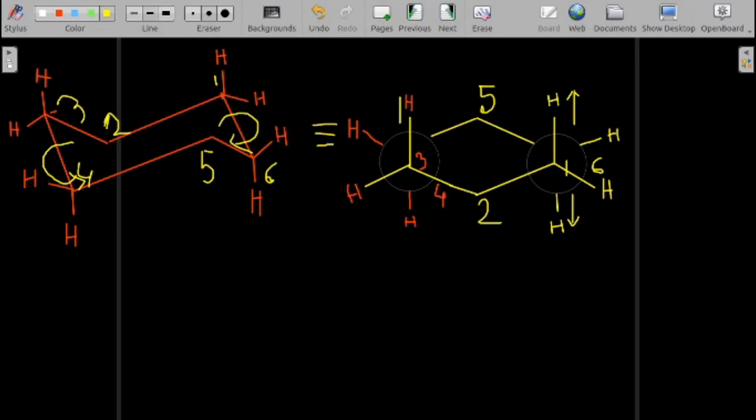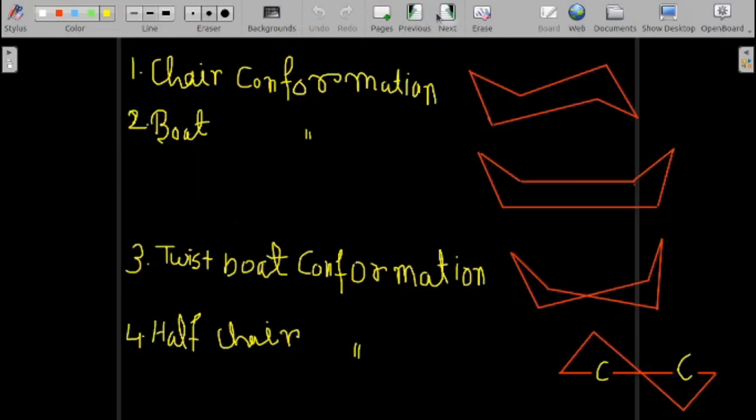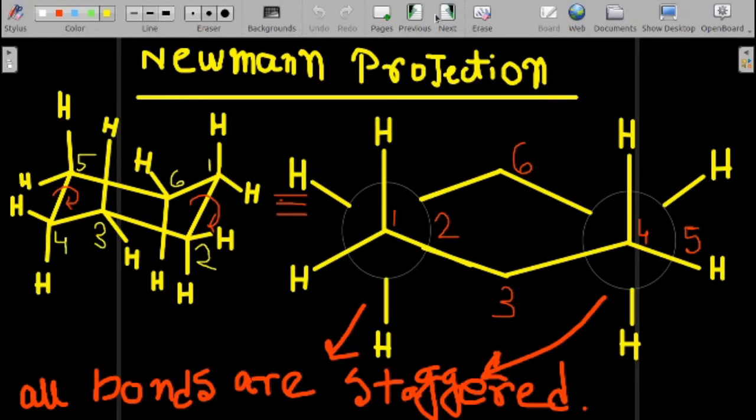So there is no torsional strain in this chair conformation. So in the case of the chair conformation, there is no torsional strain, as well as no steric strain.